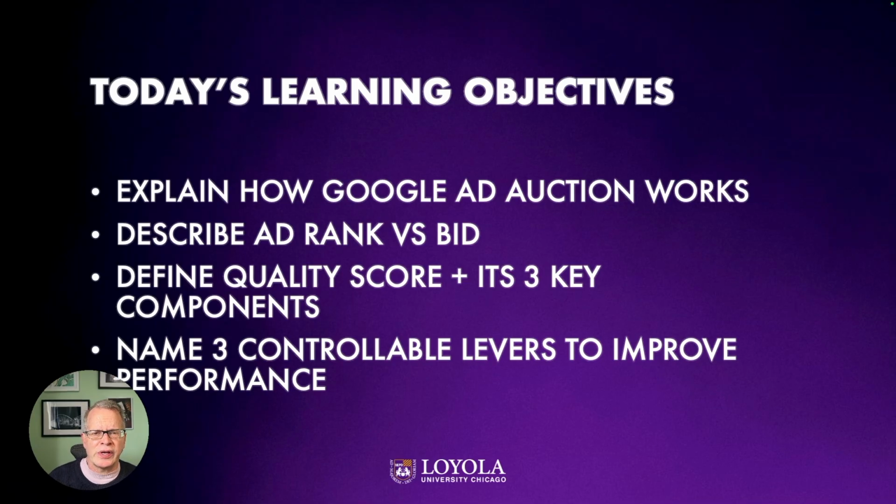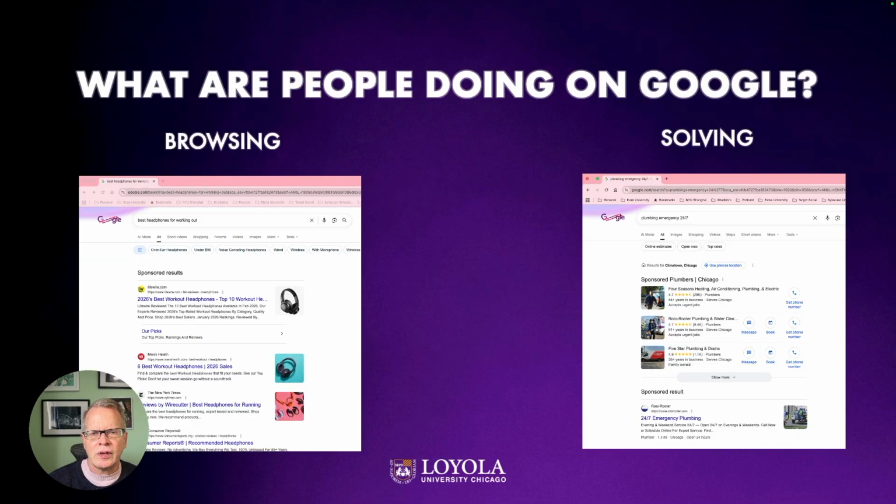There's really no straightforward practice. It's really about test and learn and test and learn. You will understand those three controllable levers that will help you improve that performance that results in a quality score and gets you great search engine marketing performance.